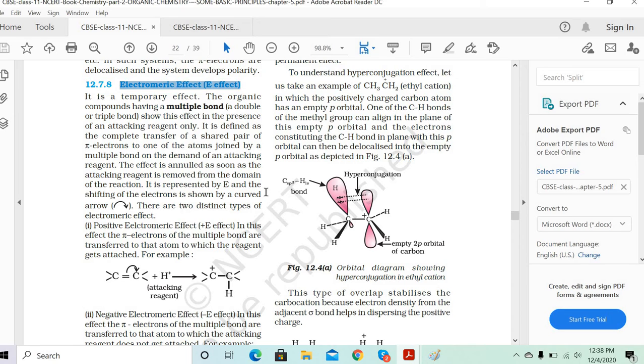So in the electromeric effect, because of this reagent, the reagent wants to form a bond with one of the carbon atoms. In that process, the double bond which the two carbon atoms are sharing gets broken, and one of the carbons takes its electrons to itself. Whatever electrons were shared are taken by the first carbon atom, and the other carbon atom looks like it has given the electrons away, so that's why it develops a slight positive charge.